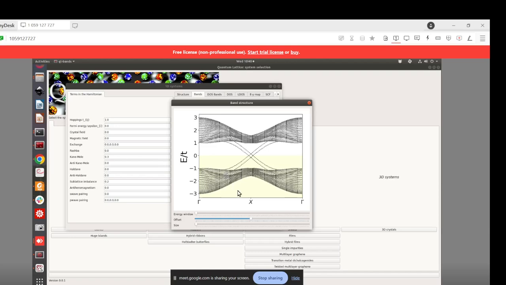Okay, so this is what we can say: if you look at one edge of the sample, then these two edge states have up and down, so the total Chern number is zero, and for this also it is zero because there is up and down.